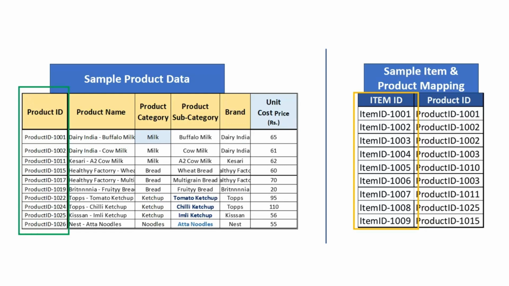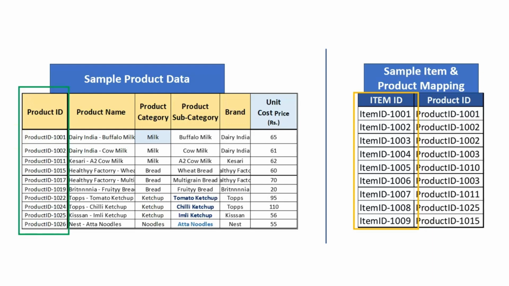Before this session, the product ID series started with ITID-1001. Now ITID has been replaced with product ID, and this is the only change in the inventory data when compared to the earlier sessions.